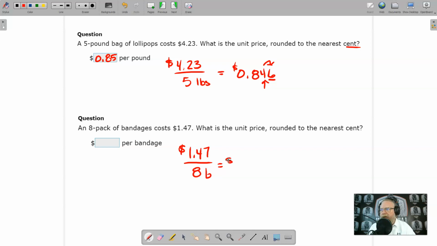And we are going to get 0.18375. But we need to round it to the nearest cent. So cents is going to be at this place value here, at the hundredths place. If we look to the right, this number's a 3, so that's 4 or less. So we're going to let the 8 rest. So we're going to end up with 0.18.